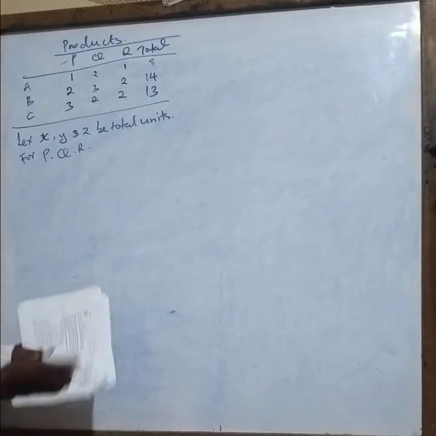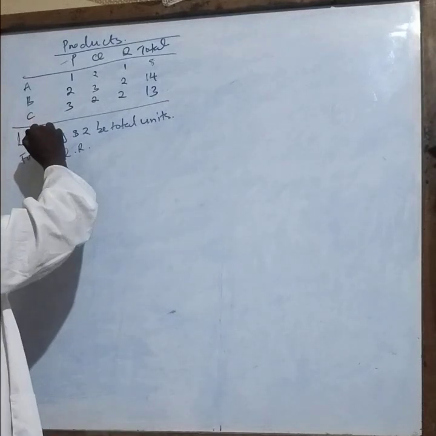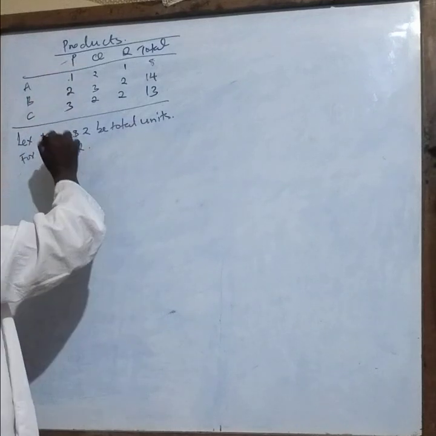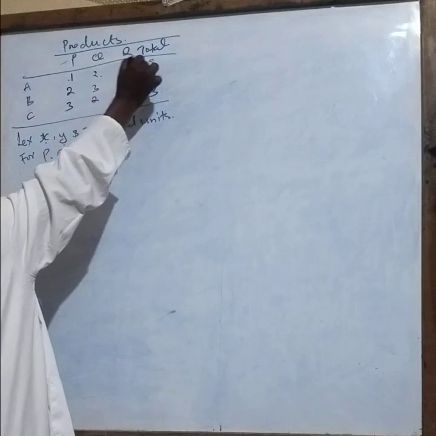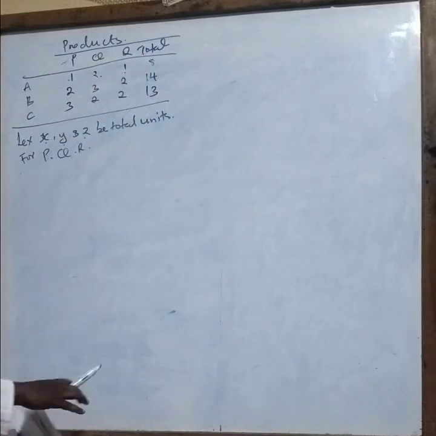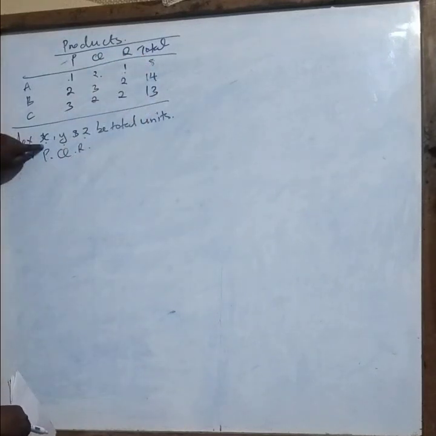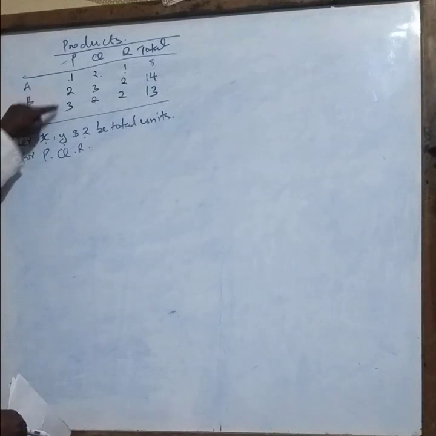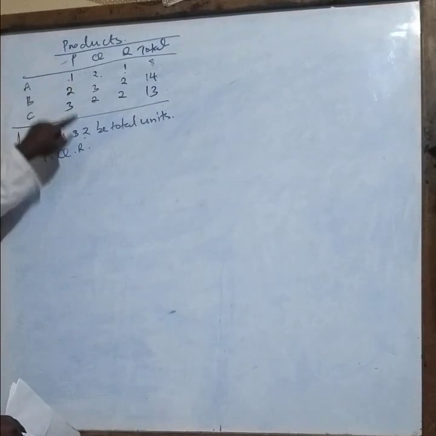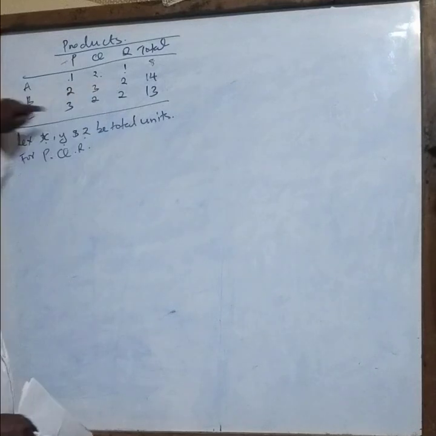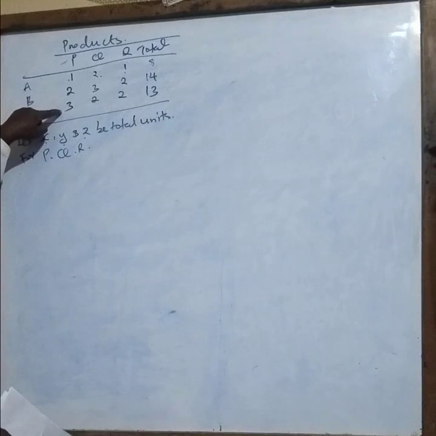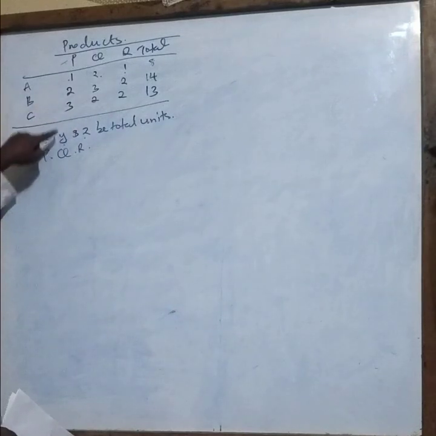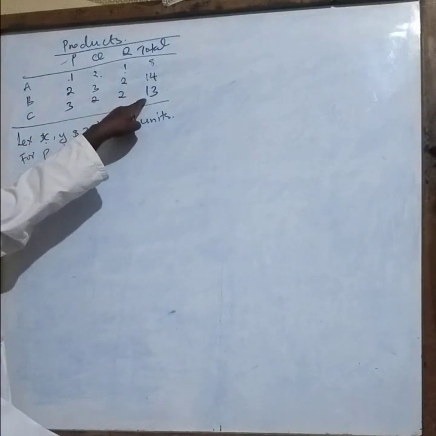Therefore, it will be X times 1 plus Y times 2 plus Z times 1, you get 8. The second row, which is now B: X times 2 plus Y times 3 plus Z times 2. The third row: X times 3 plus Y times 2 plus Z times 2 equals 13.